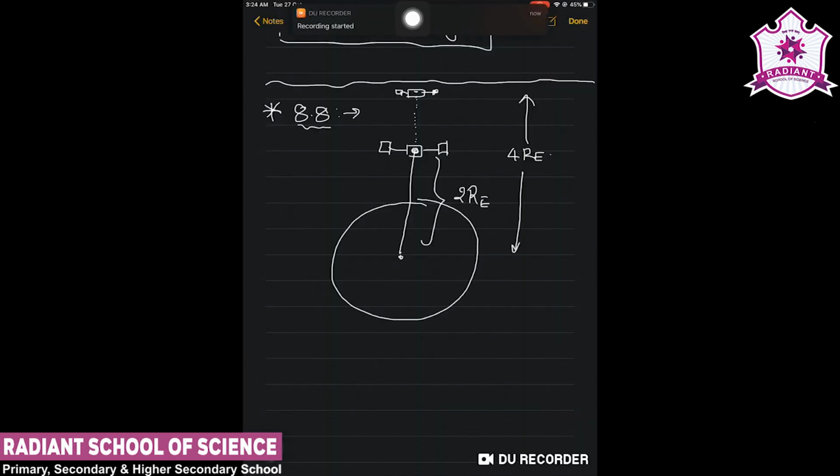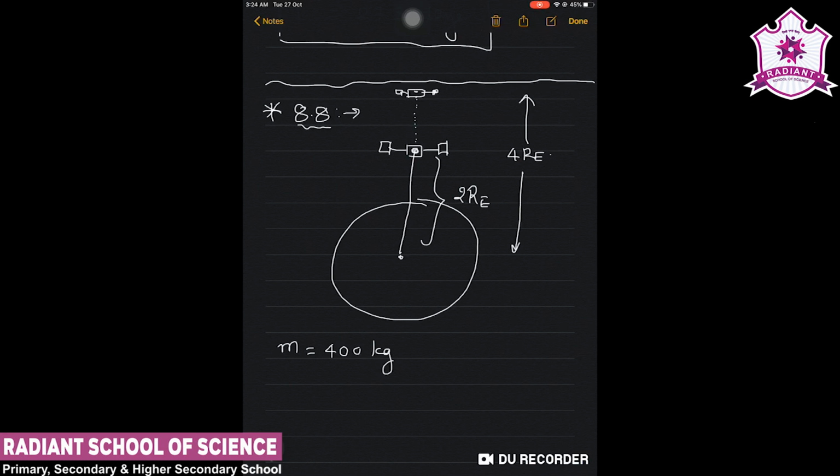Hello dear friends, now we will see example number 8.8, that is the illustration on page number 196. We are given that a 400 kilogram satellite is in a circular orbit of radius 2 Re about the Earth. So mass is given, that is about 400 kilogram.